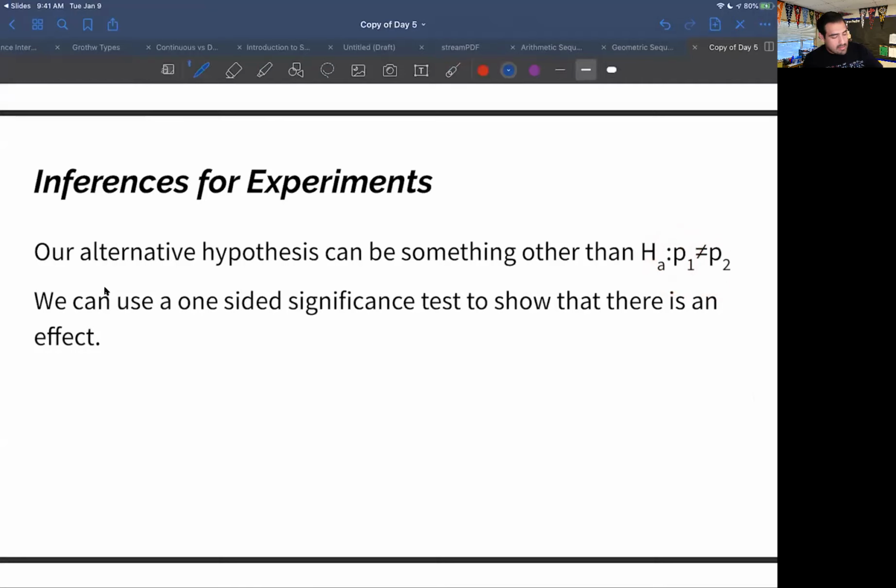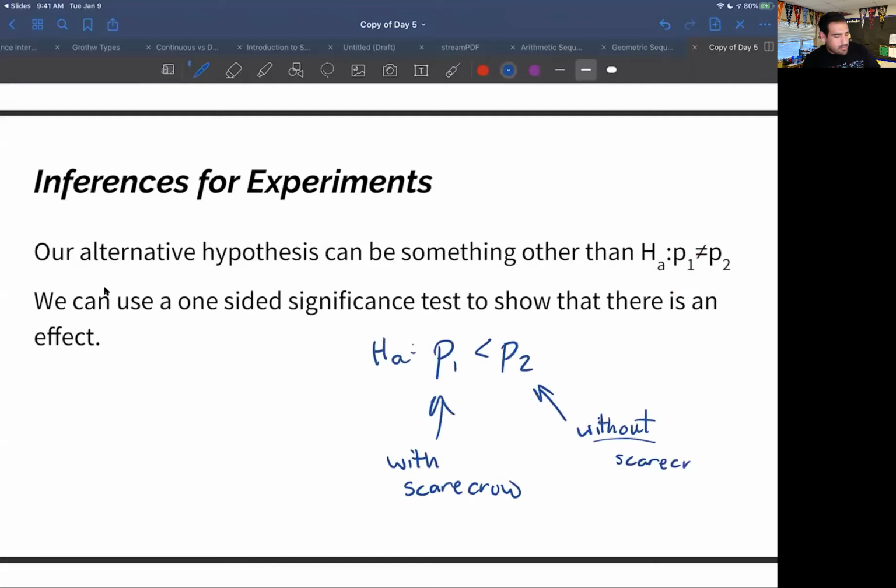I could say that my alternative hypothesis is proportion 1 is less than proportion 2, where 1 is with scarecrow and 2 is without scarecrow. This is the experiment that we can run. If it is true, that's how we can have an experiment show that there is a causation.